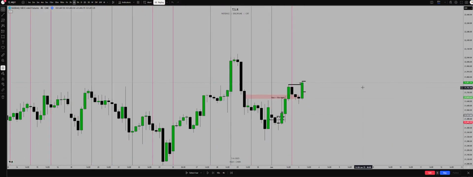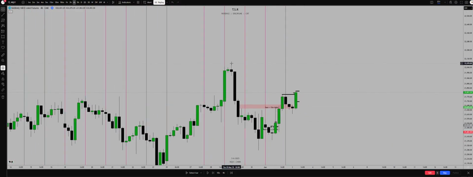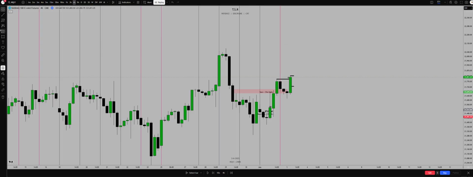Well, yes, there's that high right there. There's this gap right here, IFVG right there. Why would price want to run in that? Turtle soup in lows. More specifically, turtle soup in a daily low right there.